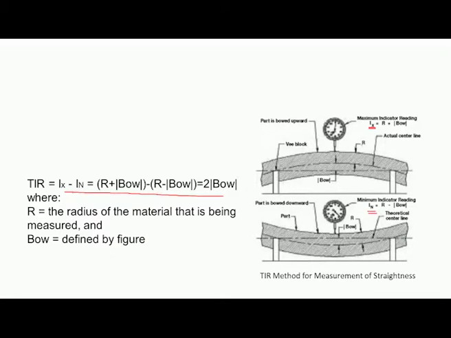These values are fed in this expression: TIR is equal to IX minus IN, that is, R plus the mod of the IX reading, minus R minus the mod of the IN reading. So, this will give us the total indicated reading, where R is the radius of the material that is being measured.